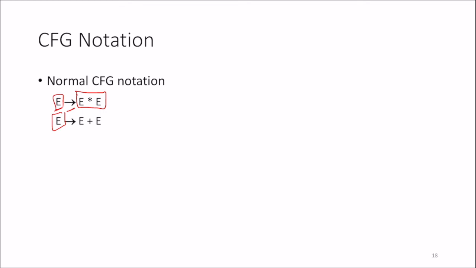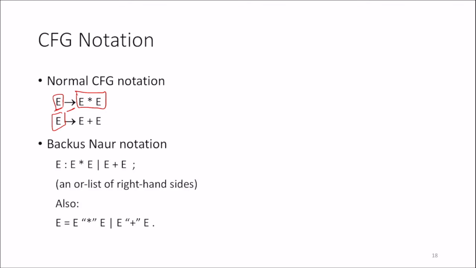So in order to group together all the rules that have the same left-hand side, the Backus-Naur notation uses this kind of OR symbol. So this gets converted into E times E, and then this OR symbol, and then E plus E. And then just to terminate it, you put a semicolon. You can also have variants of this, which ends in a sort of period.